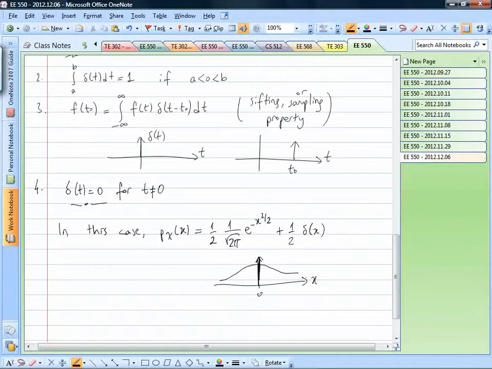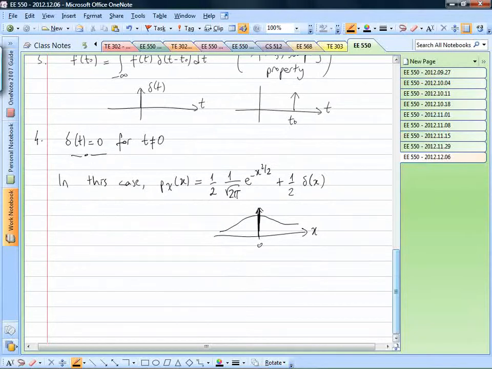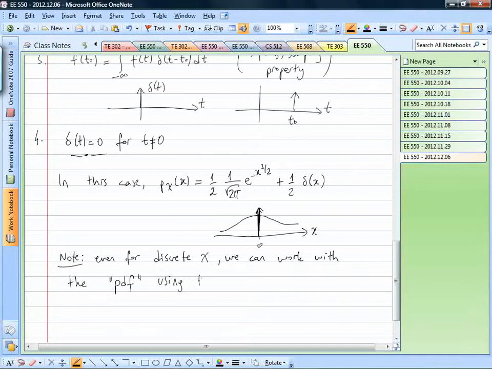Now notice that even for a purely discrete x, we can still work with the delta function. Note, even for discrete x, we can work with the PDF, the probability density function, even though for discrete random variables we usually work with the probability mass function, using the delta function, the point mass idea.